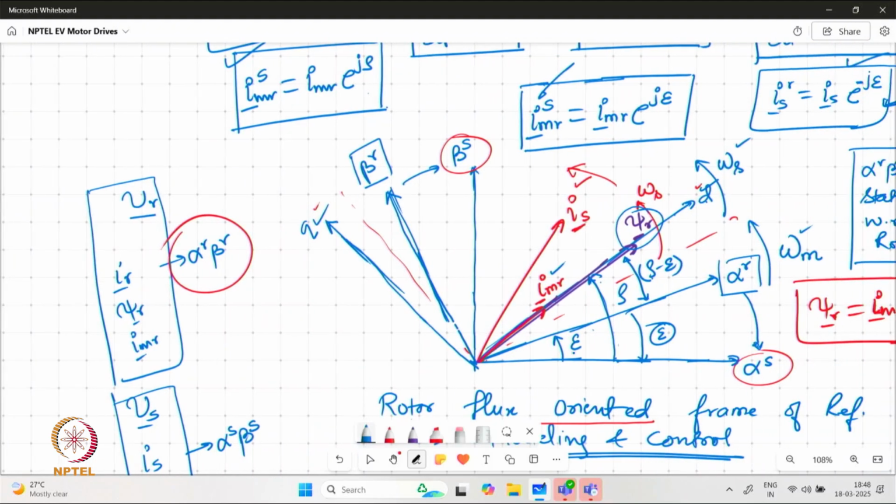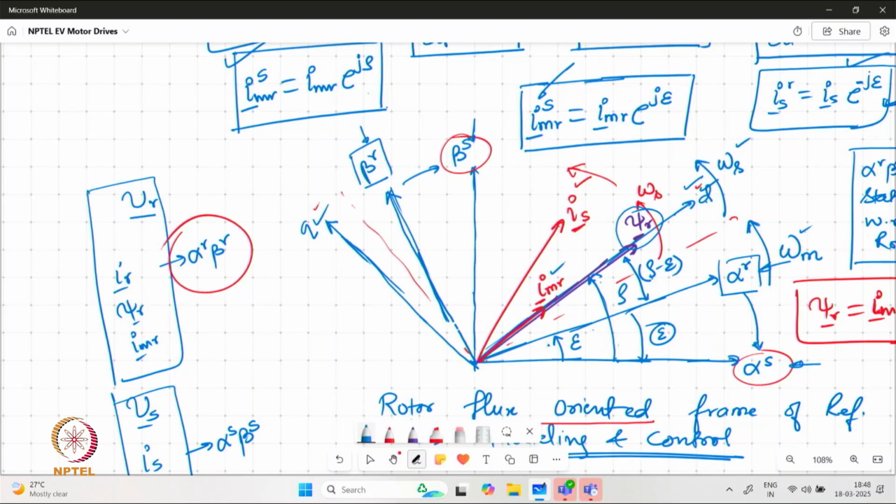So we have a stationary alpha s beta s frame of reference which is attached to the stator. We have alpha r beta r frame of reference which is attached to rotor, and because this alpha r beta r is attached to rotor, it is rotating with the speed omega m. Then we have a synchronously revolving frame of reference DQ, where the alignment of psi r is along d.